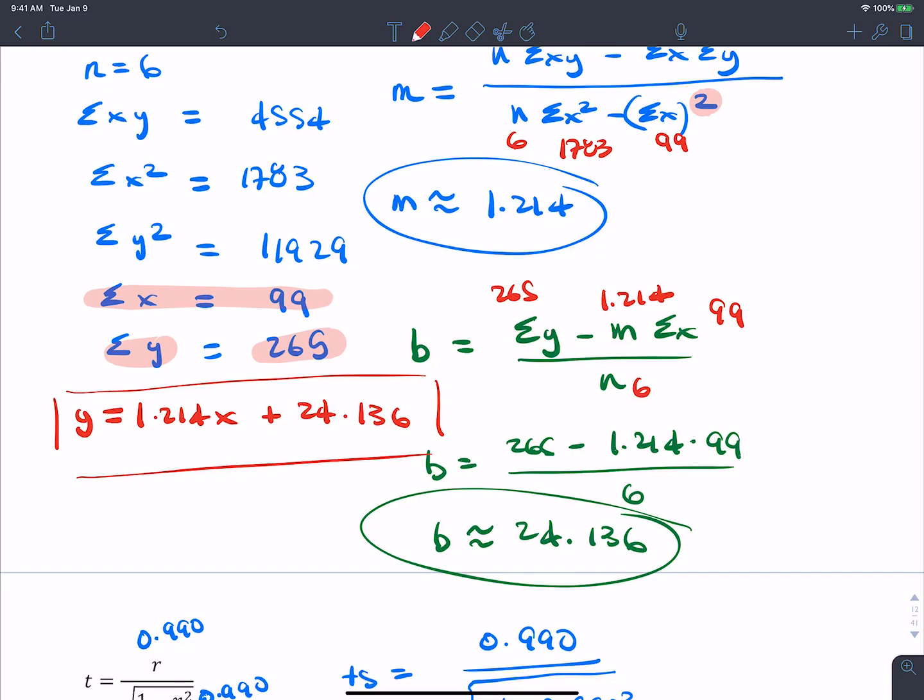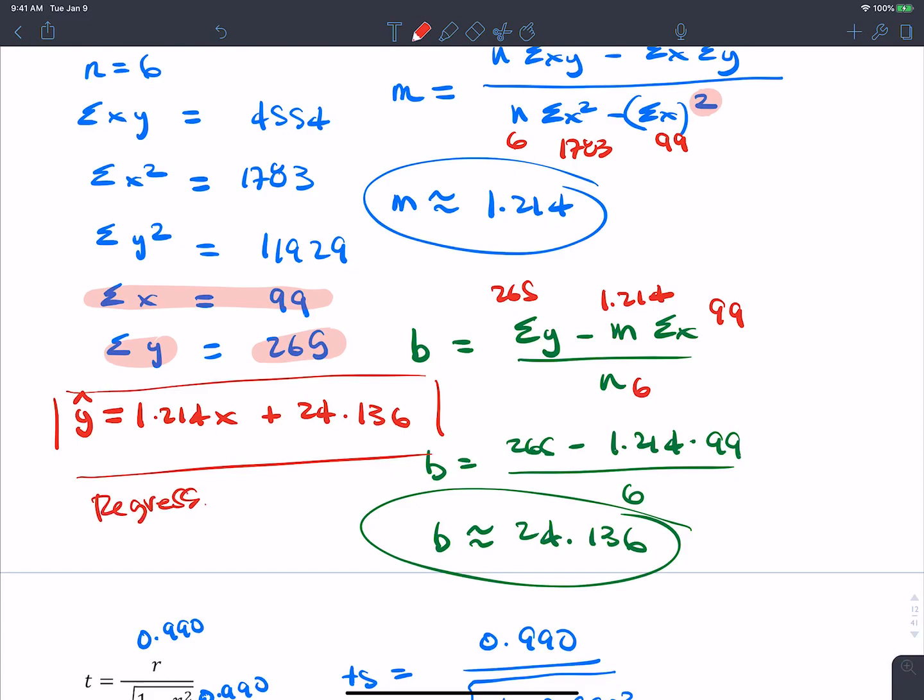And again, you might say, well, what does my book use for this formula? Do you guys know what that book uses? What symbol does it put in front of that y? It's not a mean symbol, what is it? It's like a caret sign. So that's your best fit line. That's also known as your regression line.